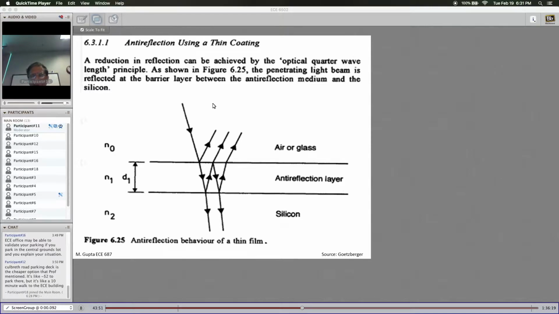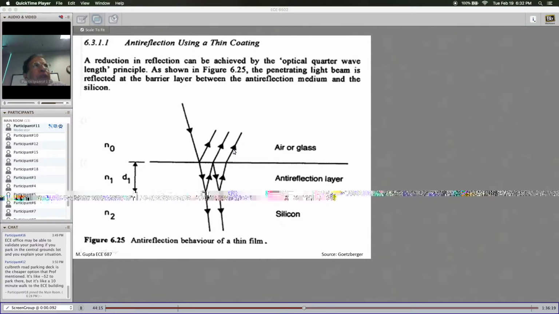So now you have one beam coming in, but multiple beams generated. If you want to achieve the anti-reflection property, what do you want to see in the phase of these various reflections?